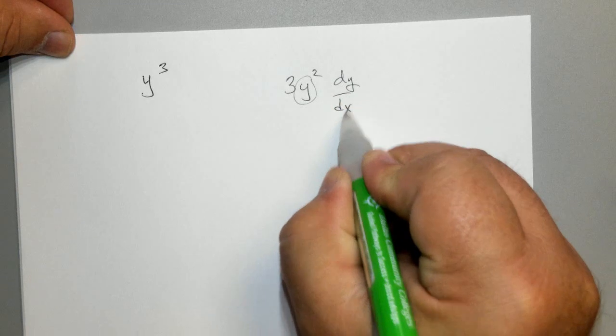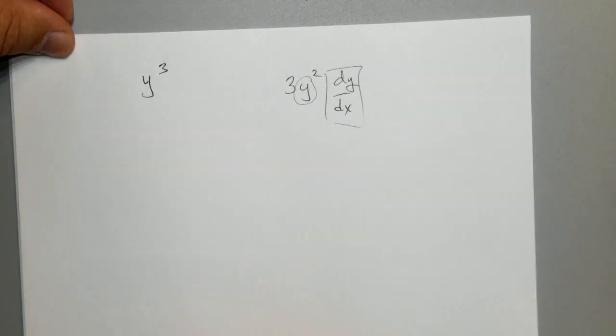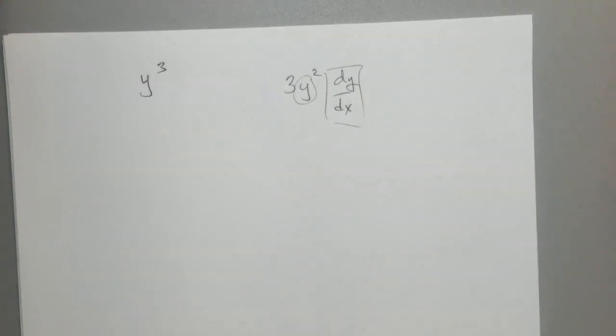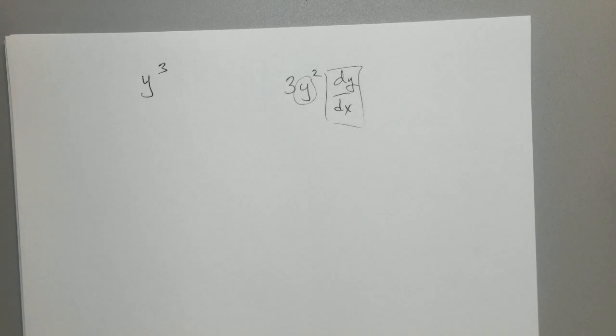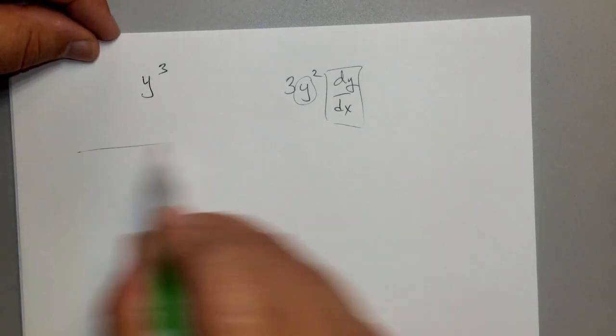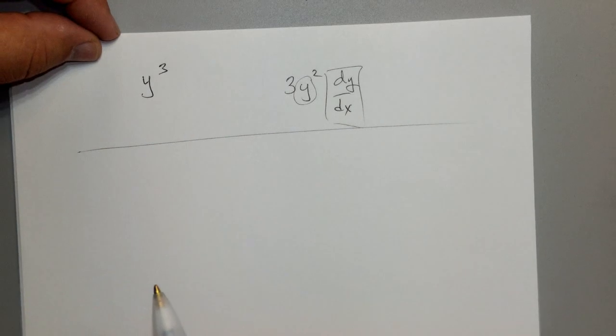Whenever you take a derivative of y, always put a dy/dx behind it. That's the only real change you have to do. Everything else is the same. And we could do multiple derivatives of this stuff also. Another example.